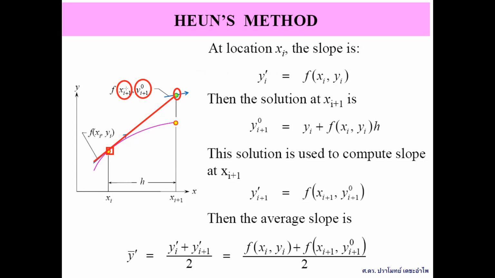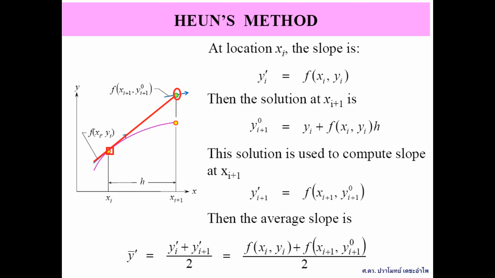Substitute them back into f of y. We know that this equals the slope according to the form of the equation, dy by dx equals f of y. So f of y is the slope of the function of y. From this value, we can determine the slope at the endpoint.